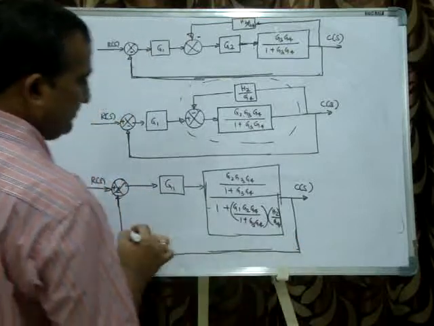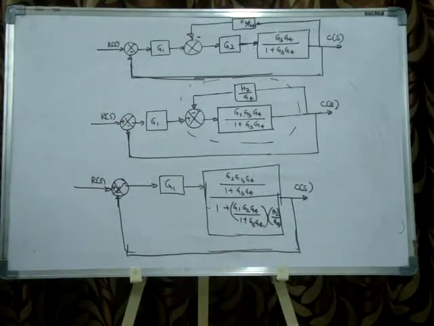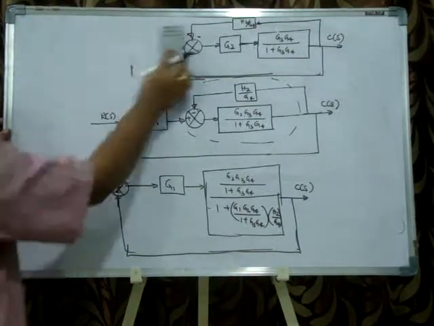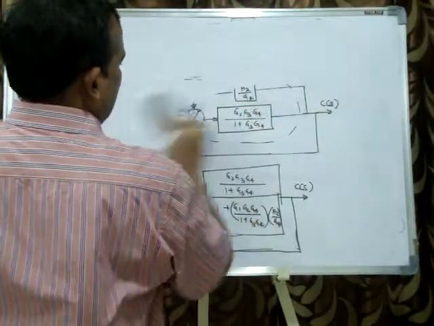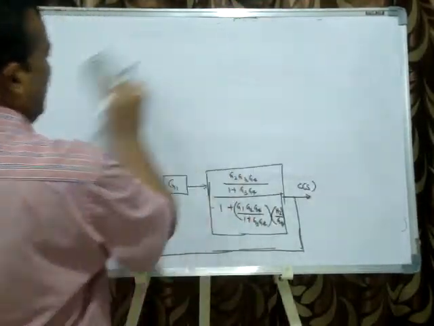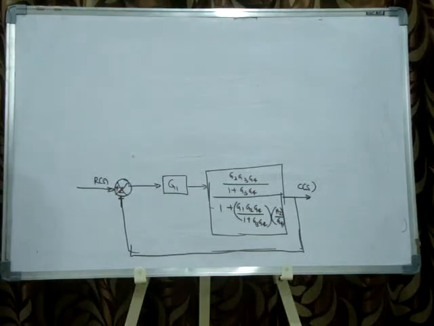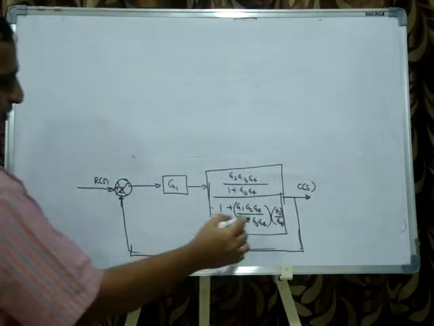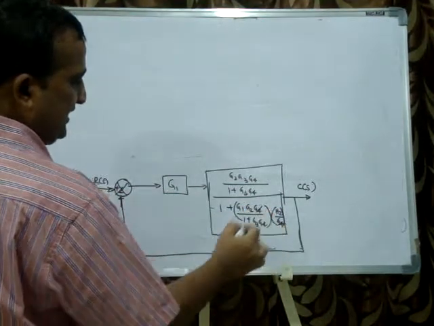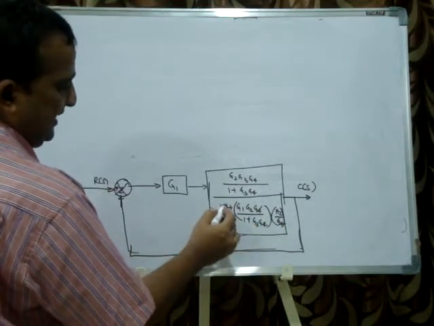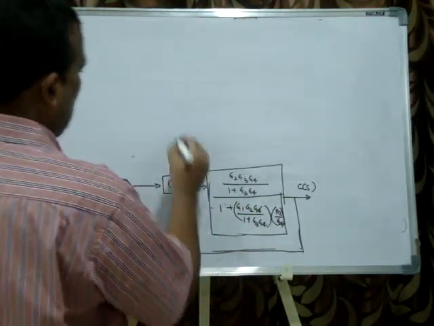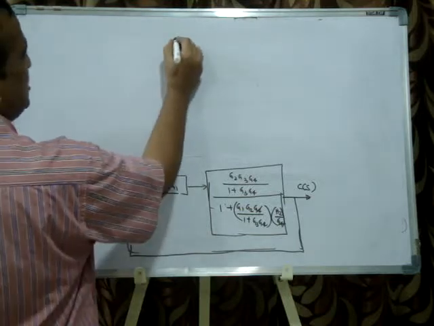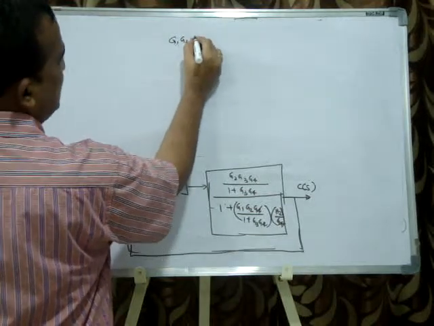Now what happened? These two blocks are in series now. So before that G4 gets cancelled. You take the LCM and multiply by G1, so I'll write G1, G2, G3.